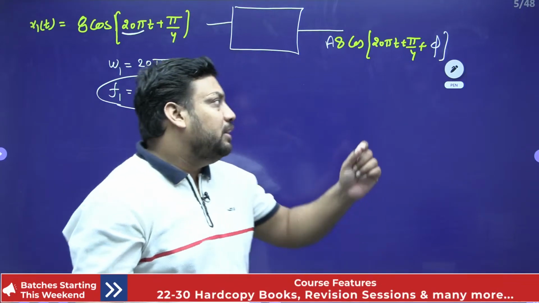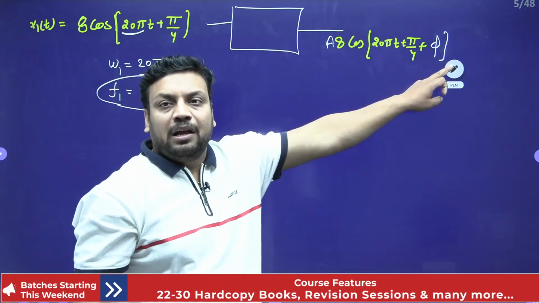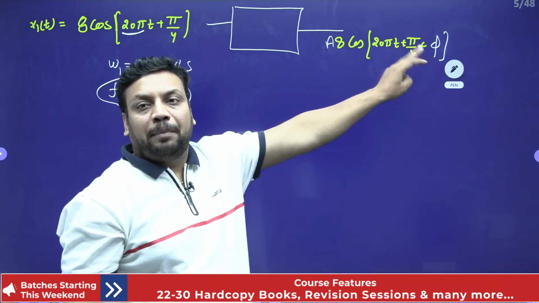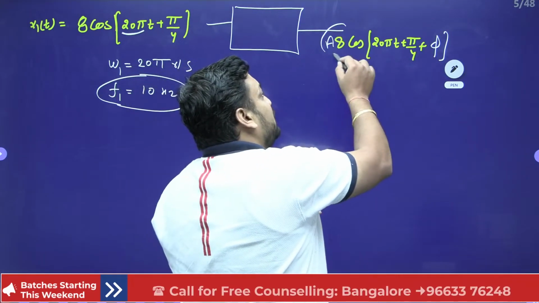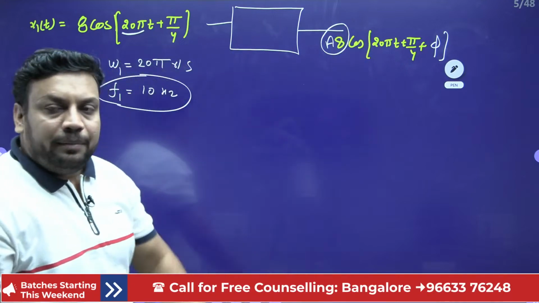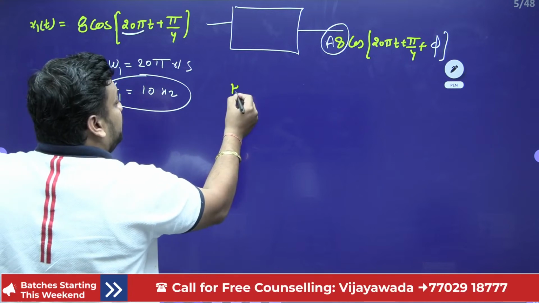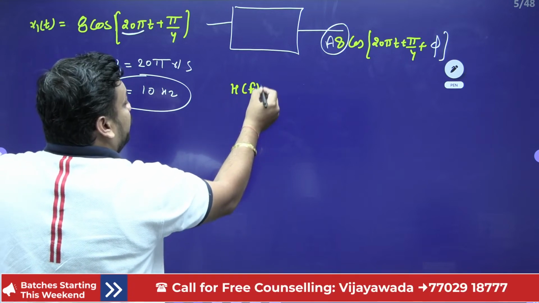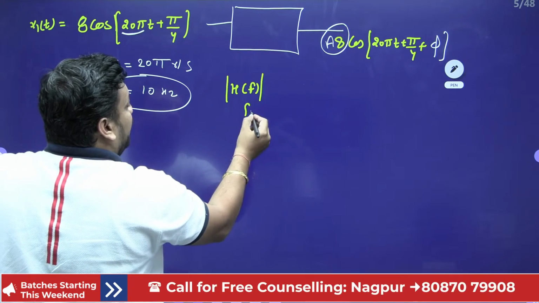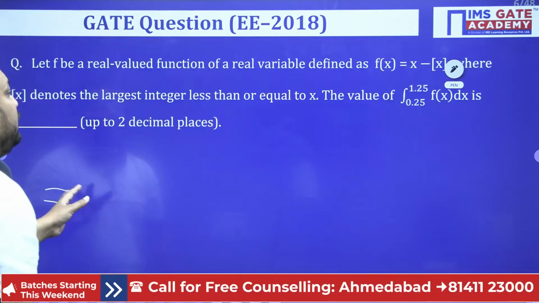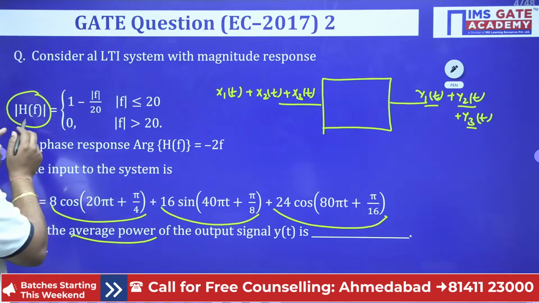Whatever phase phi it contributes, we don't care about this, because we are looking for the ultimate power, and power only depends on A. And do you know A depends on what? A depends on the magnitude of H(f) at the frequency f equal to 10 hertz. So you need to just observe the magnitude of H(f).